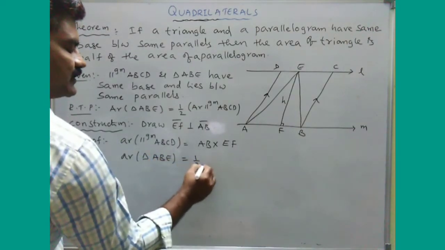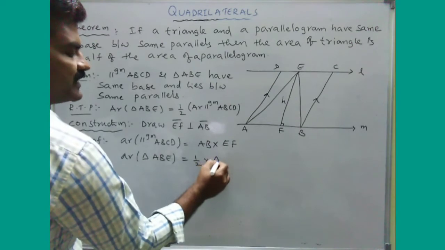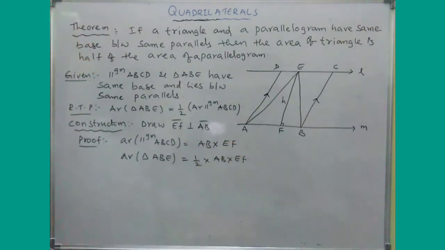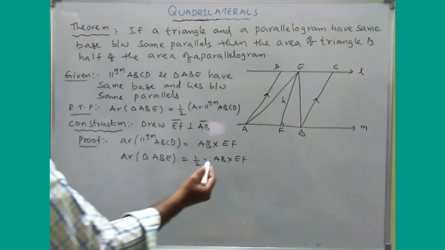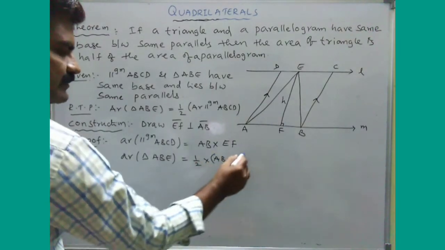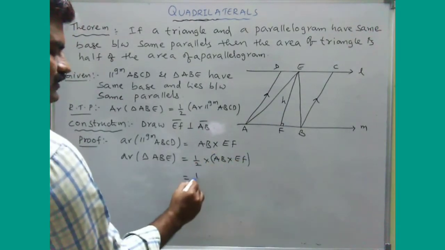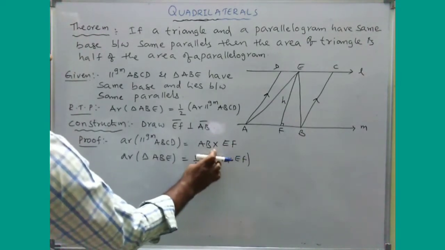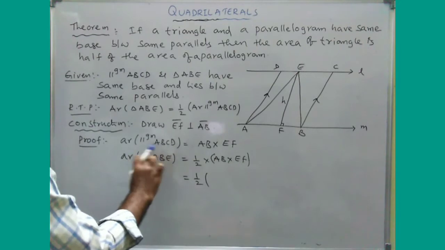Half into base AB into height EF. But AB into EF, just keep a bracket for this. So half into AB into EF is nothing but half the area of parallelogram ABCD.